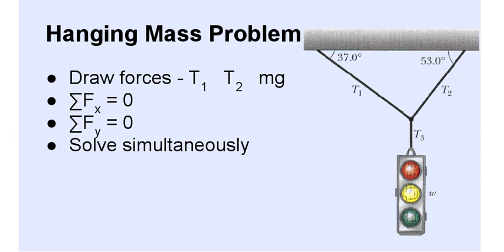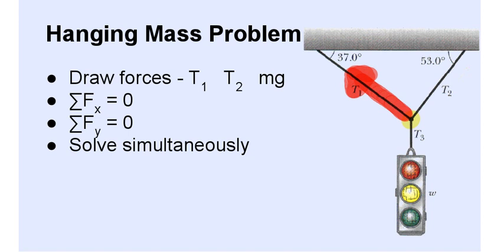So I'm going to come in here and draw T1. I'm thinking about this point right here. That's the point where all of those forces come together. Let me just draw in the forces there. I have T1, this cable pulls in that direction.